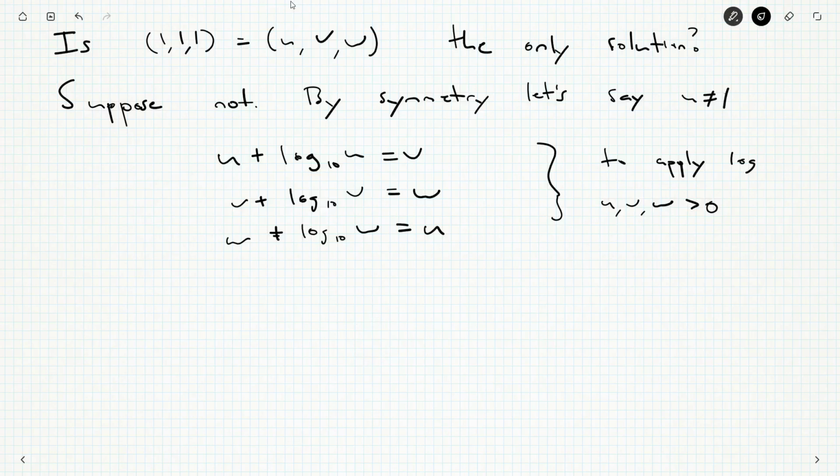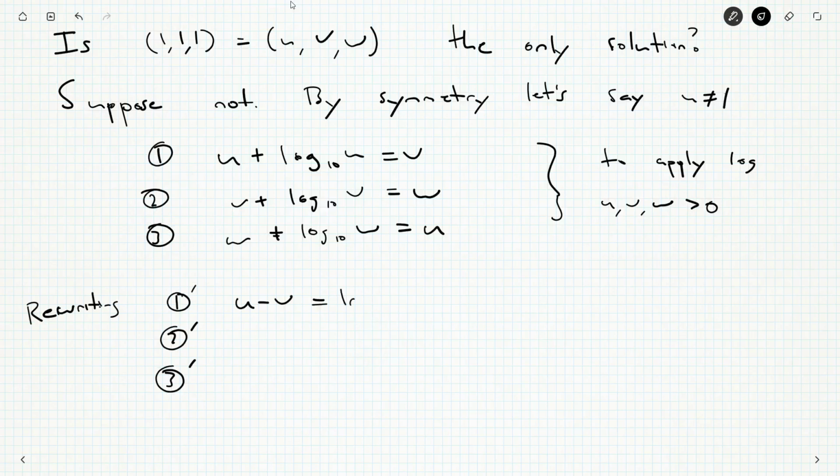So I got these equations here. So rewriting, I'll call it 1 prime, 2 prime, and 3 prime, because the other ones didn't really work out, so I wouldn't be writing those down. But u minus v is log 10u.